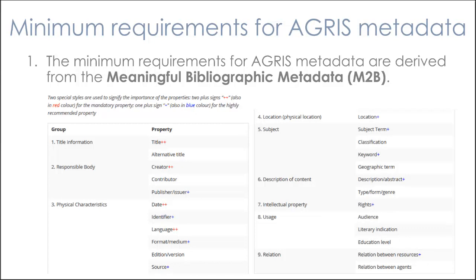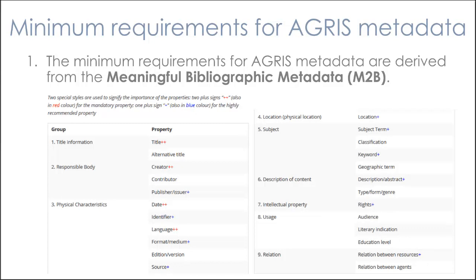metadata, in short M2B. And so what you can see there is a table with properties, and these properties are actually all recommended to add to your metadata or to add to your XML file.